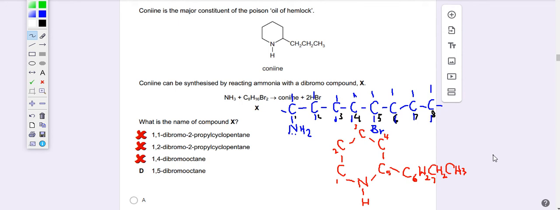So in total, you removed 2 HBr: 1 HBr from the first step with ammonia, and a second HBr after this amine group replaces the Br here. So yes, this is the one that gives us the 6-membered ring. So the answer is really D.